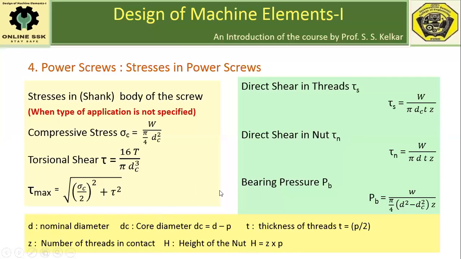So if for a particular arrangement the height of the nut and the pitch are known to us, then dividing the height by the pitch one can calculate the number of threads in contact present inside the nut and screw interface. Generally the height of the nut is known to us, and the pitch is always known. So knowing the height of the nut and the pitch, one can calculate Z, the number of threads in contact.